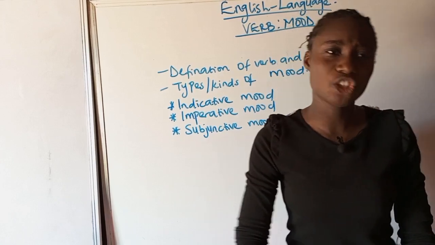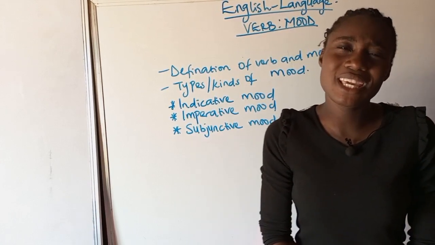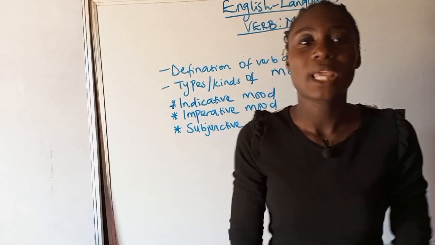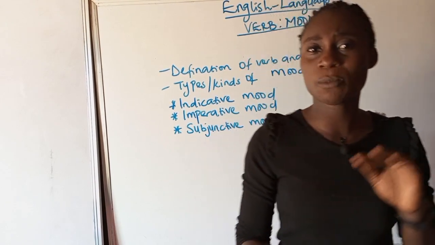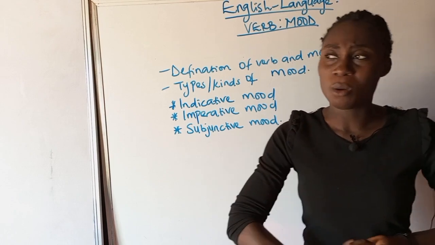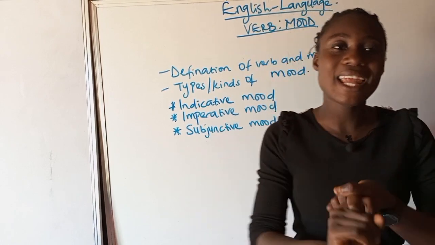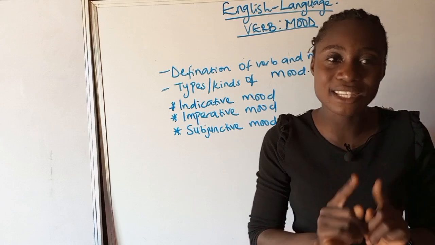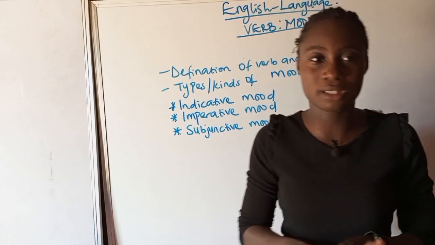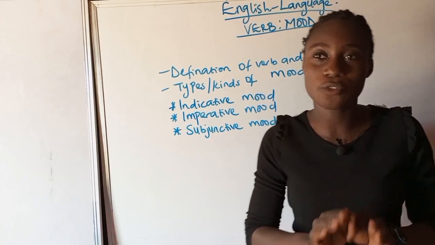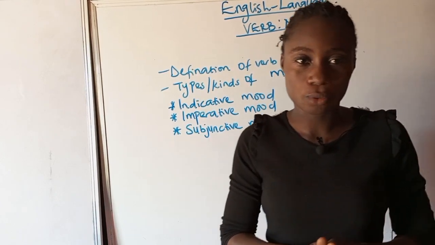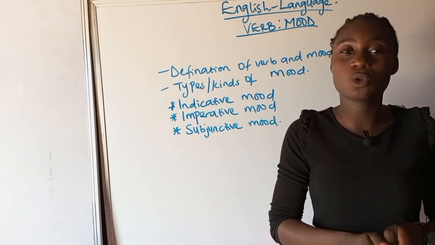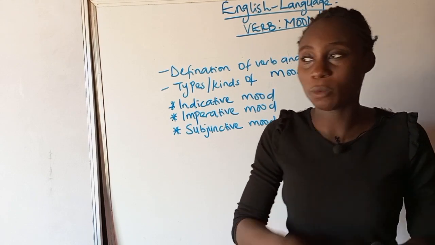Now, the entreaty can also be seen as a plea. But before I give an example, I would love to give a note. Let is used for advice in the first and third person. For example, let me help you can be used whenever you want to make use of the first and third person.